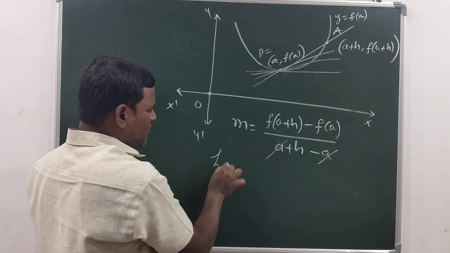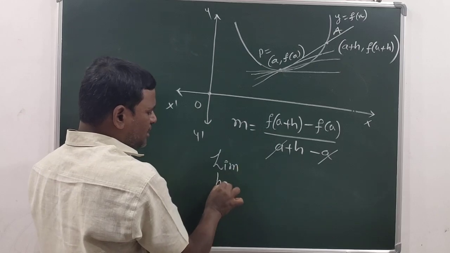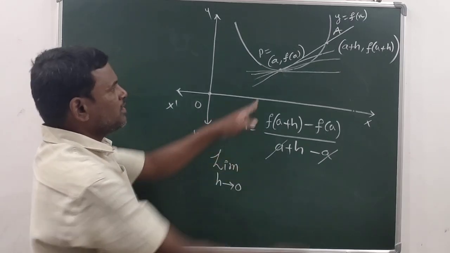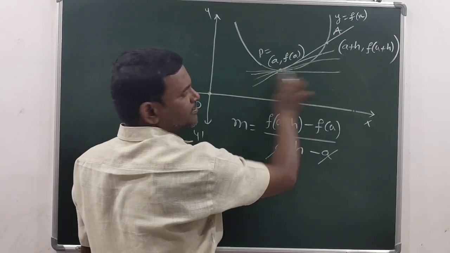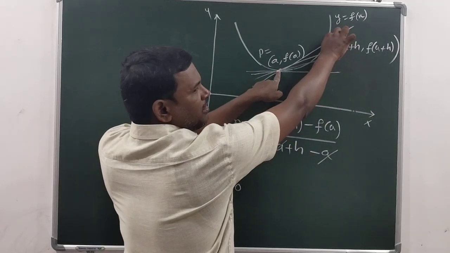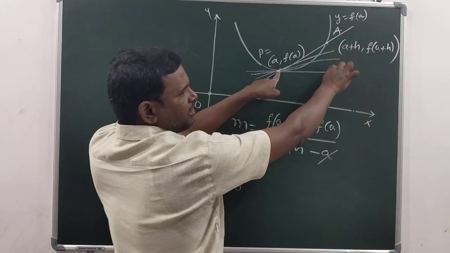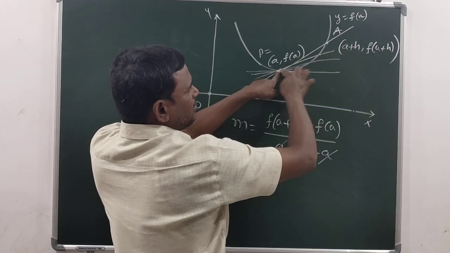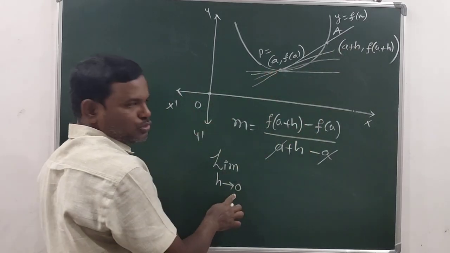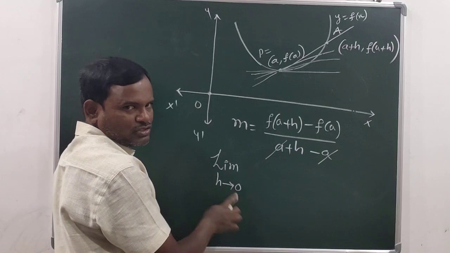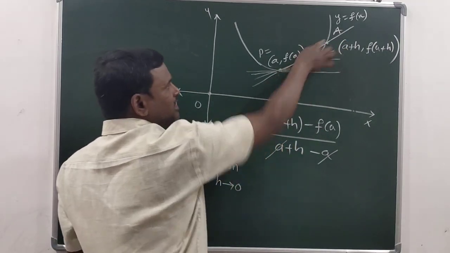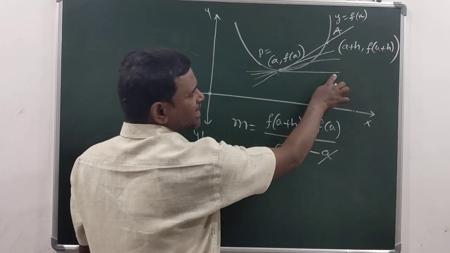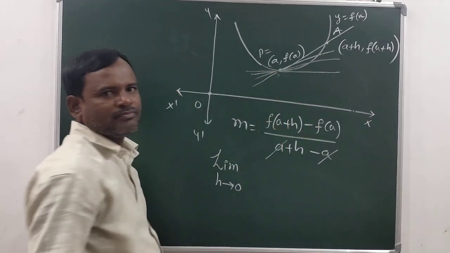Whenever this value of h approaches 0, then the secant will coincide with the tangent. Bring it like this. Whenever this h value approaches 0, tends to 0, this A will coincide with P, hence the secant will become a tangent at this point.